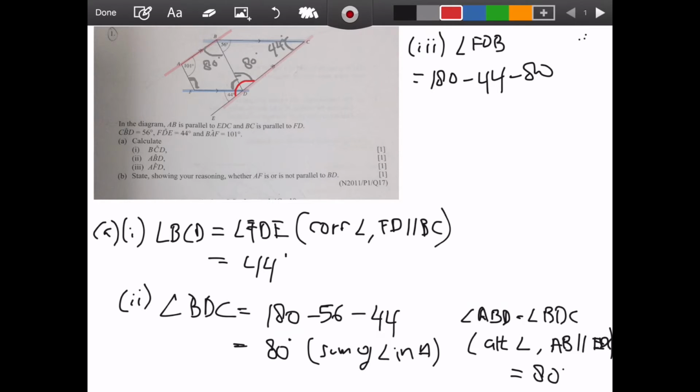Because these are supplementary angles. So you can write that down: supplementary angles in a straight line. So this is equal to 180 minus 44 minus 80, which is equal to 56 degrees.